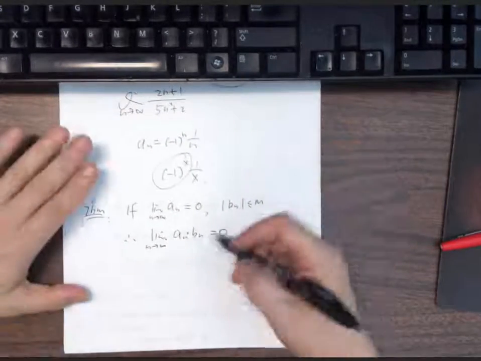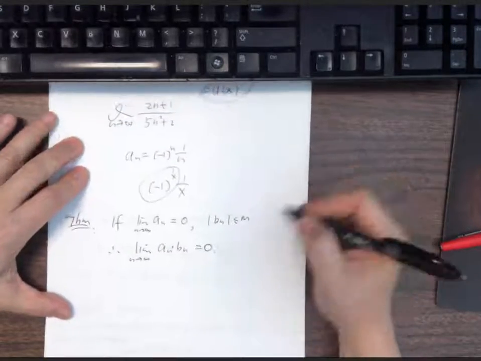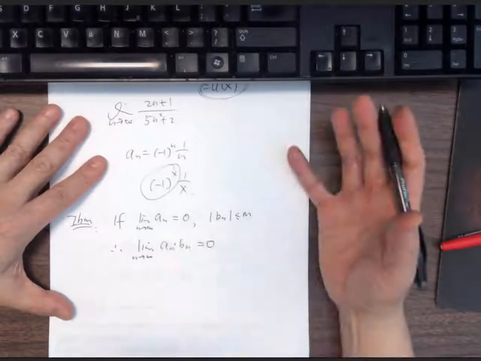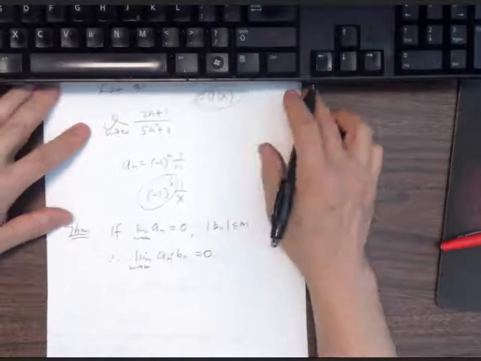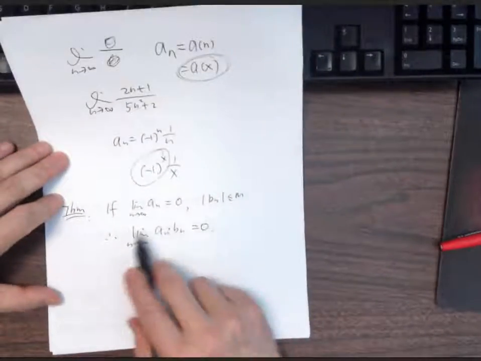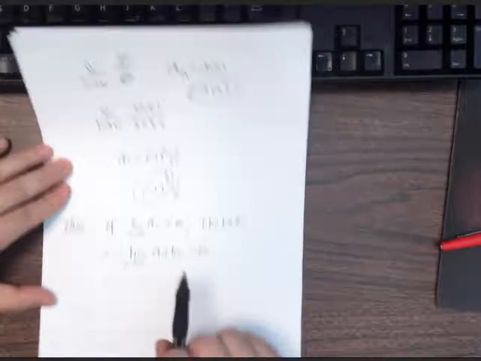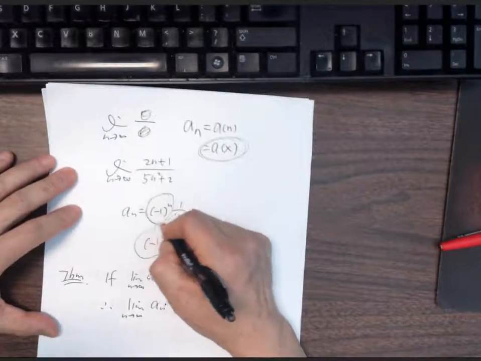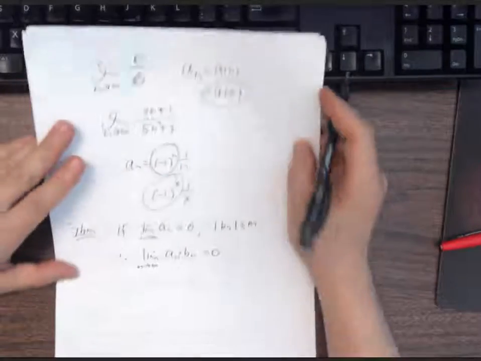We're not going to see the proof. This result is based on the squeezing theorem or sandwich theorem. And we'll actually use this result to deal with this kind of factor.